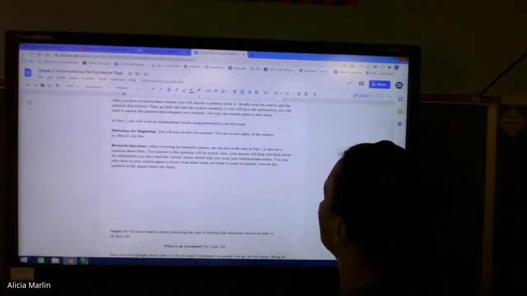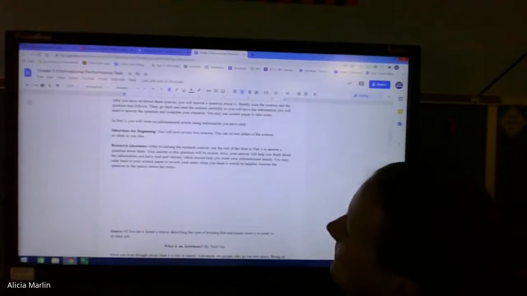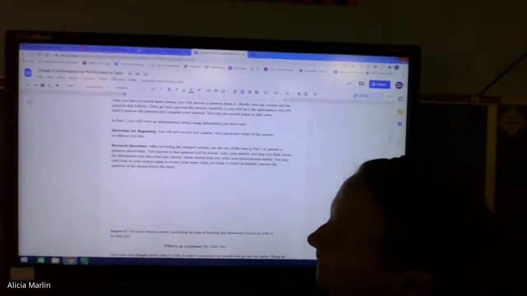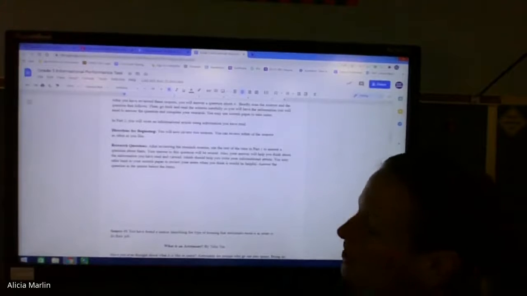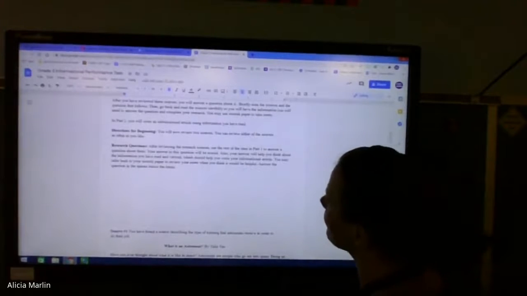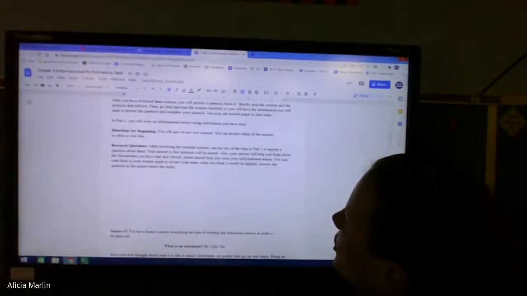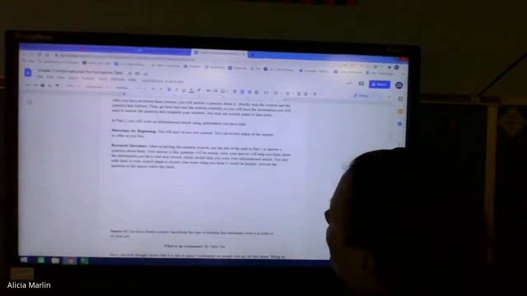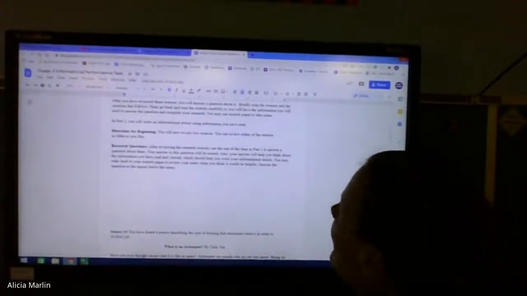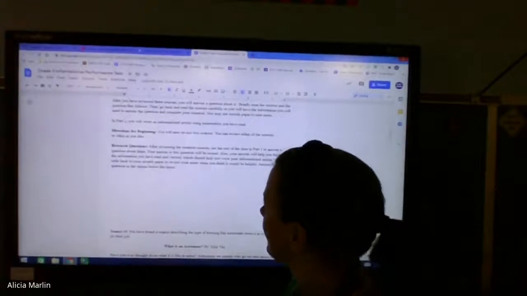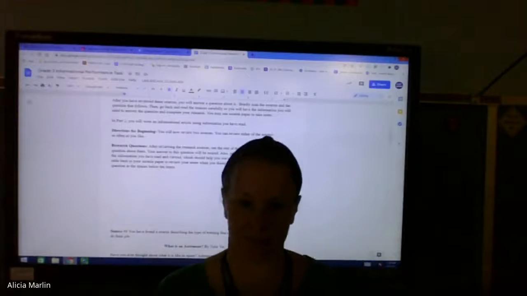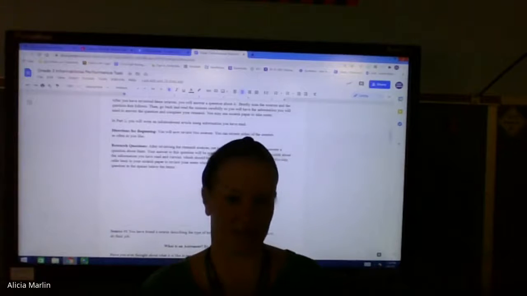Also, your answer will help you think about the information you have read and viewed, which should help you write your informational article. You may refer back to your scratch paper to review your notes when you think that would be helpful. Answer the question in the space below the items. Okay? That seems like a lot.